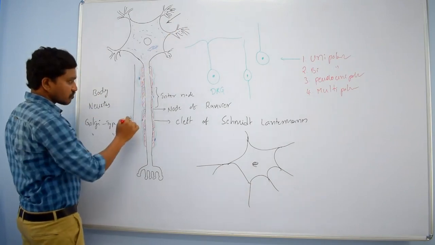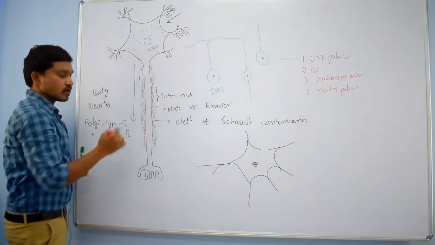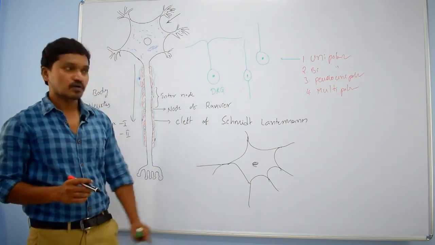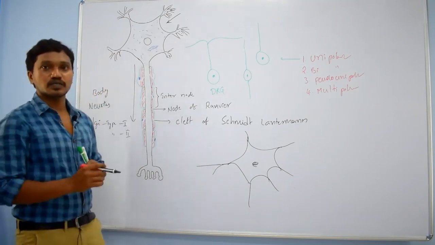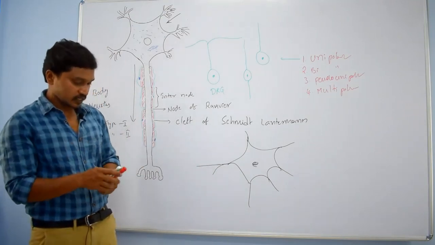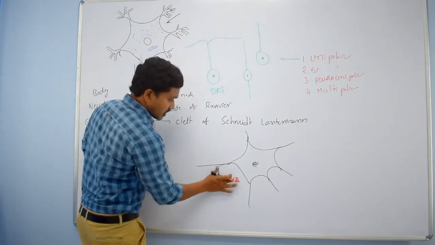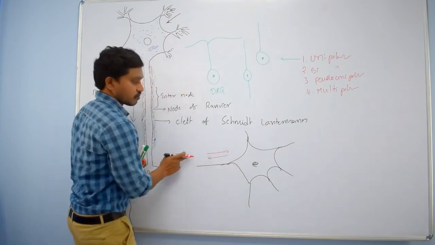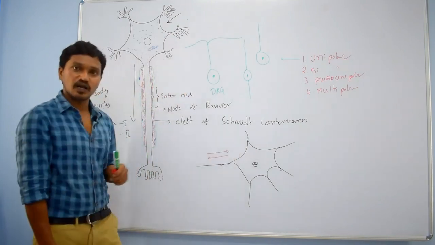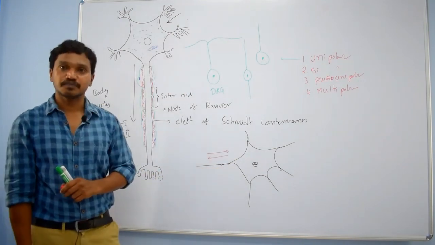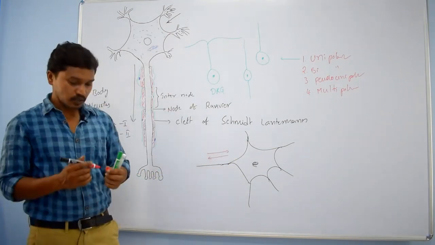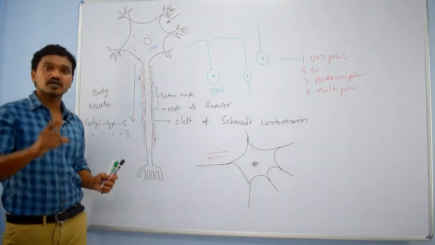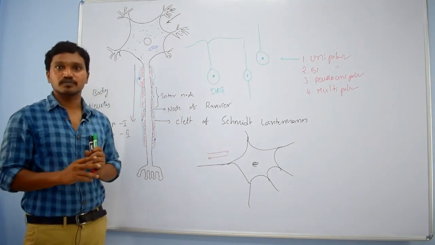The axon carries impulses from the cell body to the periphery, right? But in case of Golgi type 2 neurons, dynamic polarity means impulses can pass in either direction. They can pass towards the cell and they can pass away from the cell, right? So that is about different types of cells based on the length of the axon.